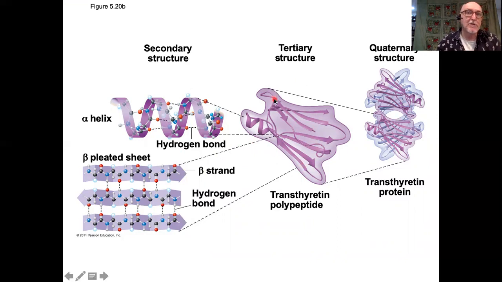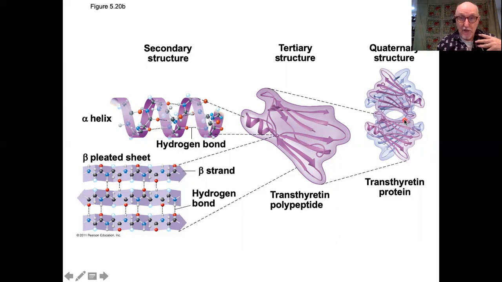This is the tertiary structure, and it is established because of bonding between remoter areas of the molecule, which pull the molecule into its 3-dimensional shape. By various bonding techniques, it may be stabilized by covalent bonding, but a lot of this folding is due to things like hydrogen bonding.